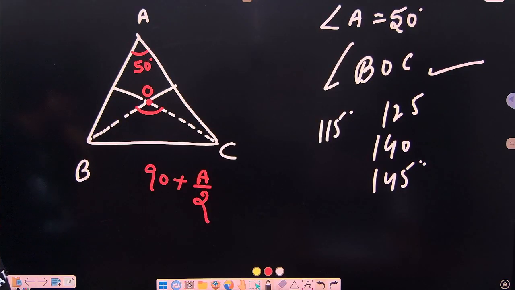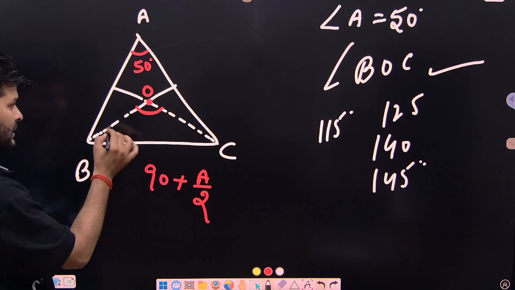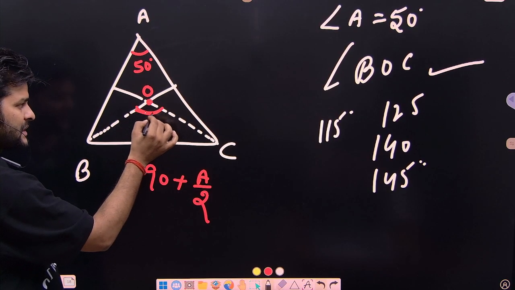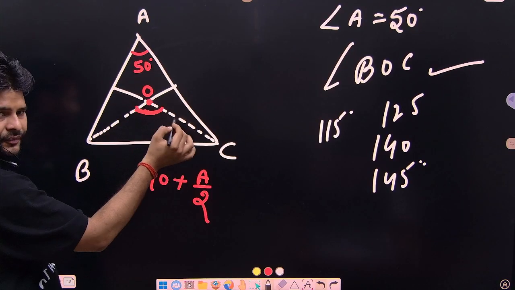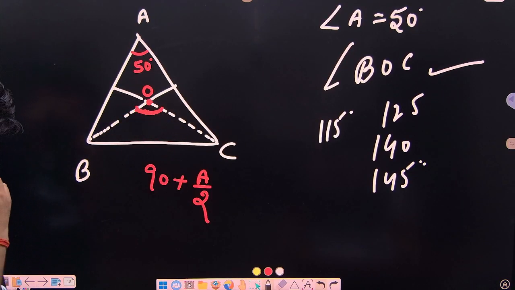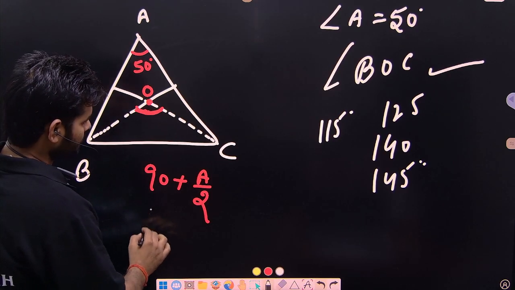But this rule is applicable only when this angle is formed with the help of angle bisectors. So the answer would be 115.